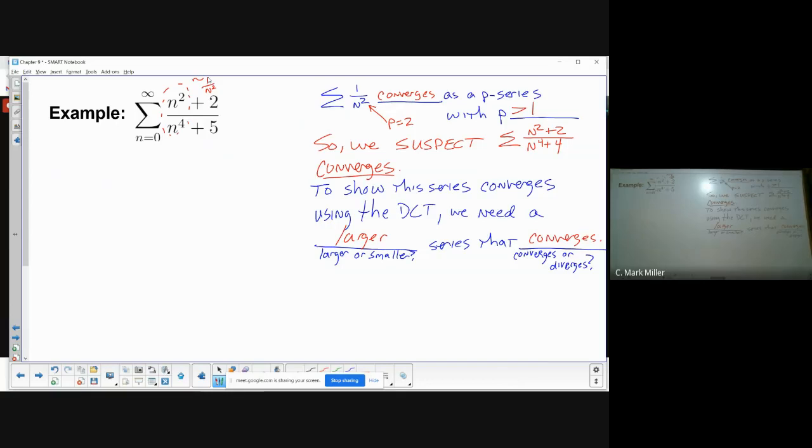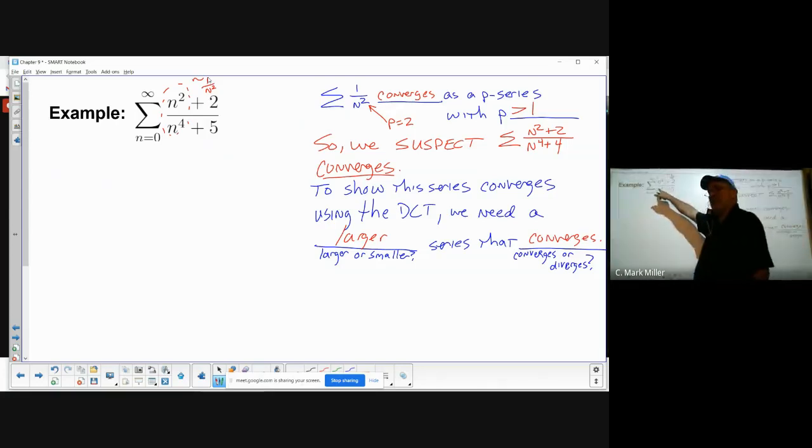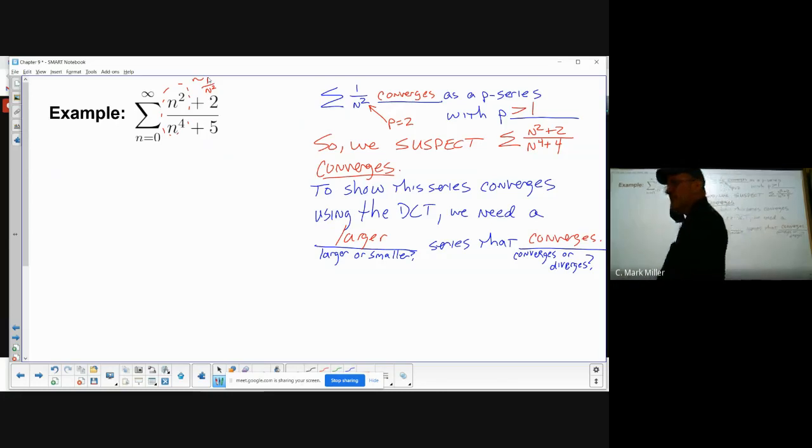Okay, so that's what we're looking for. Let's see. What series do we have that is larger that converges? Well, this one converges, right? That one converges, but is that one larger or smaller than that one? It's kind of hard to tell. Okay. That one converges.